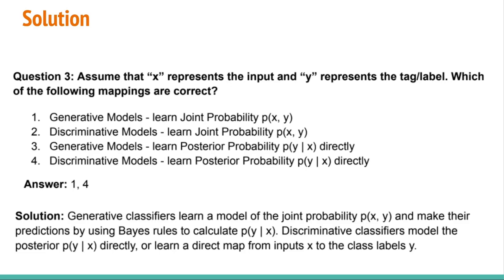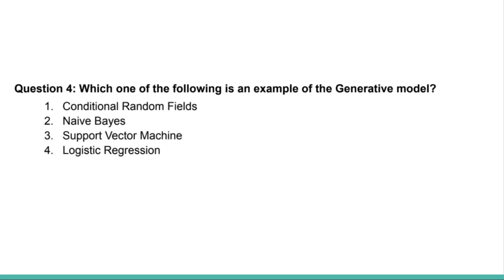We'll discuss the next problem. This is an extension of the previous problem. Question 4 is, which of the following is an example of the generative model? The options are conditional random fields, naive Bayes, support vector machine, logistic regression.